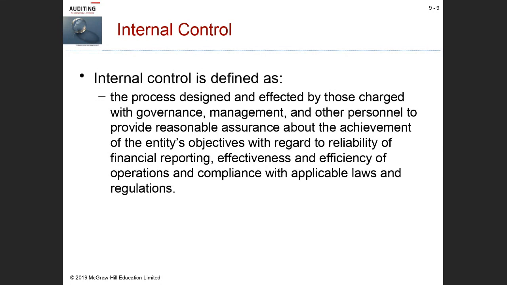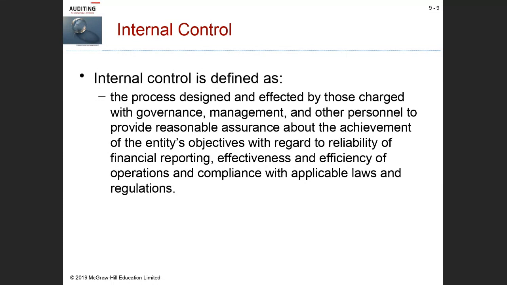What management needs is correct, accurate information to make good decisions. So we want a strong system of internal control in place to give us reasonable assurance that our financial reporting is reliable. Secondly, which I mentioned a minute ago, the effectiveness and efficiency of our business operations.